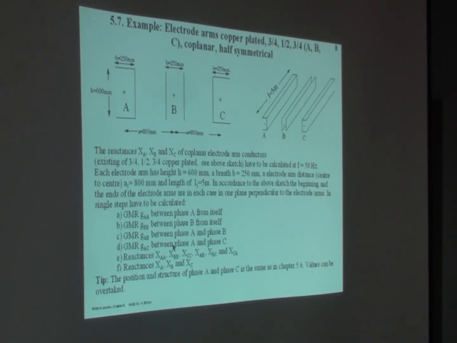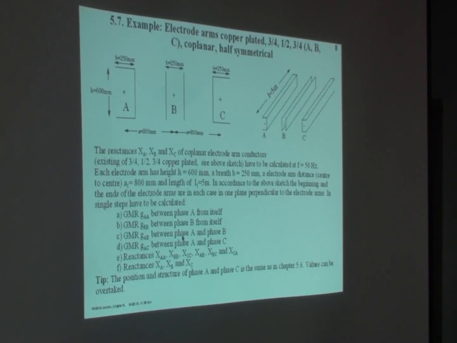So, what we have not discussed is the electrode arms. Now the electrode arms all work in one. If they all have the same lengths, then maybe that one is impractical.